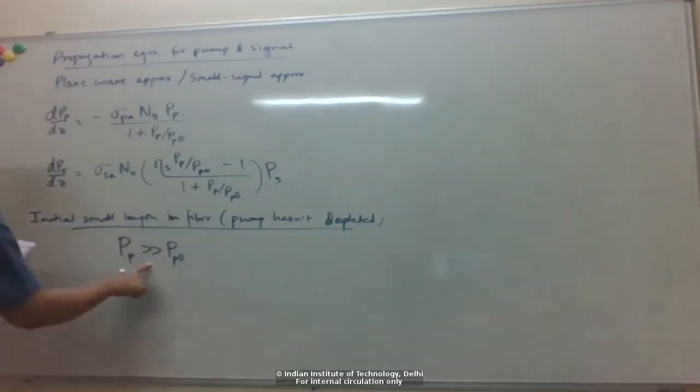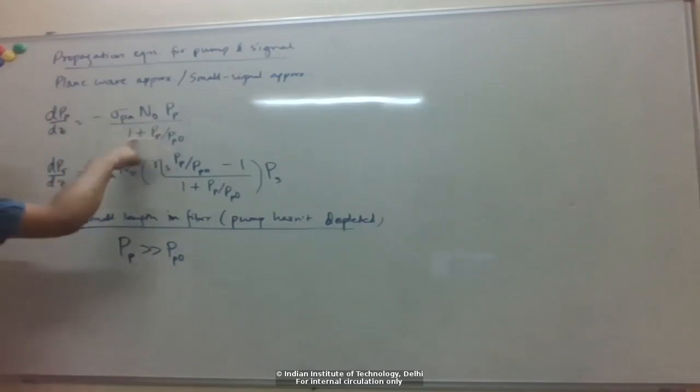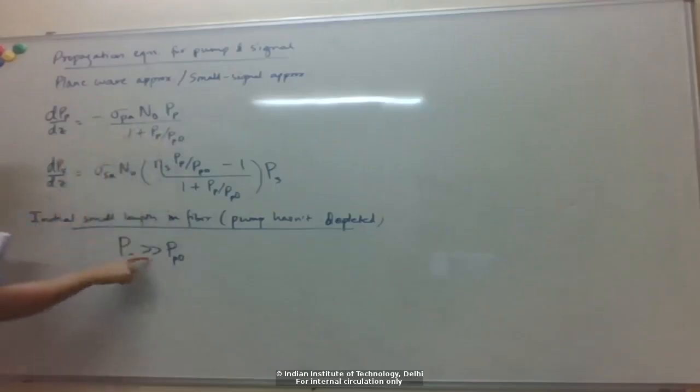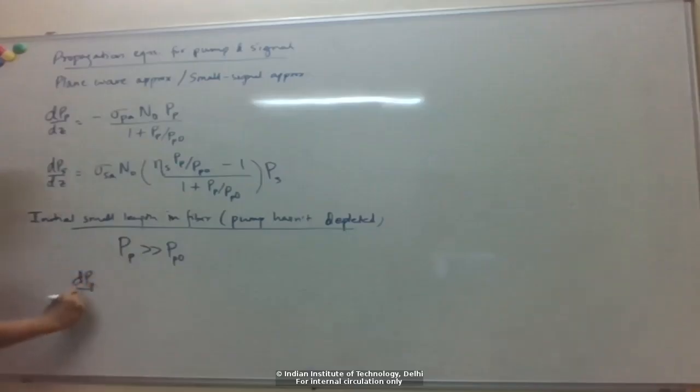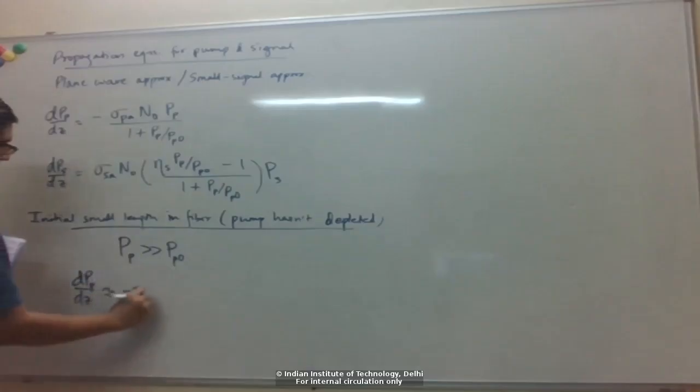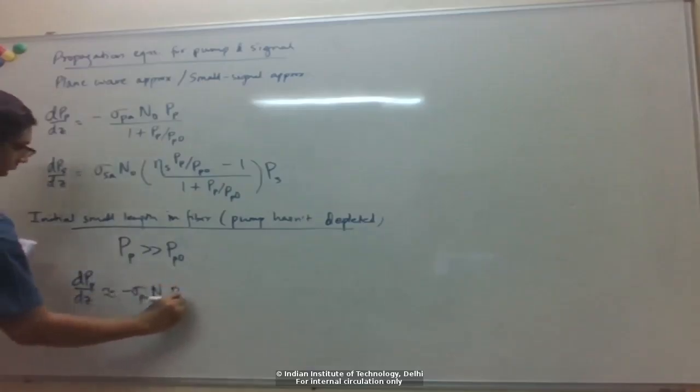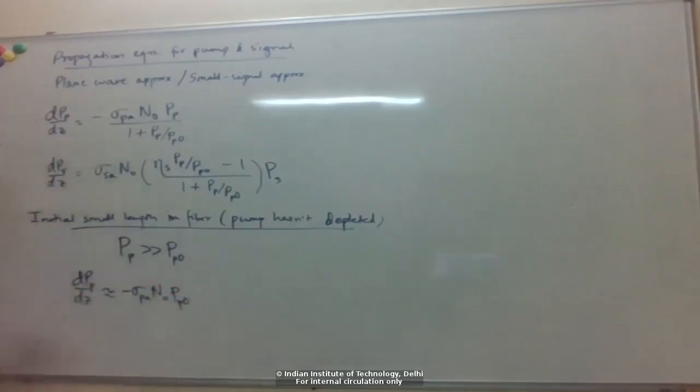Under this approximation, in this equation, 1 over 1 plus P by PP naught, we neglect the 1, since PP is much bigger than PP naught. Then the P's get cancelled, and the equation that we get is this.